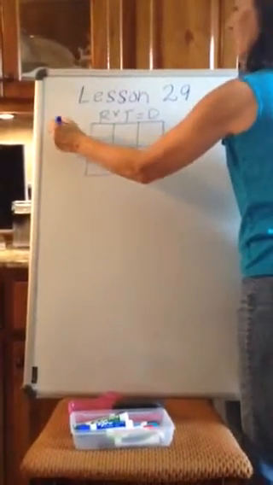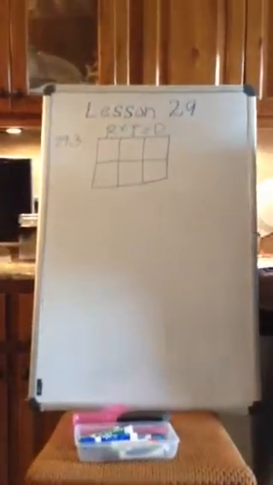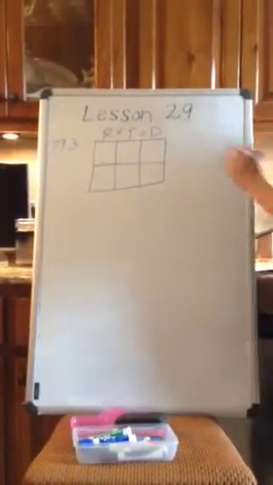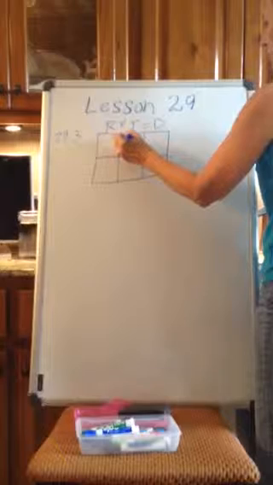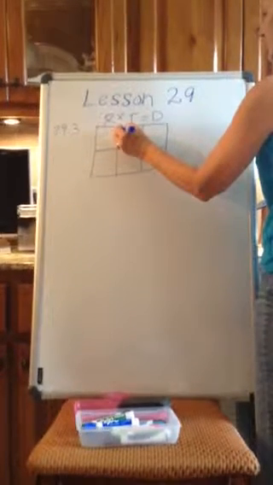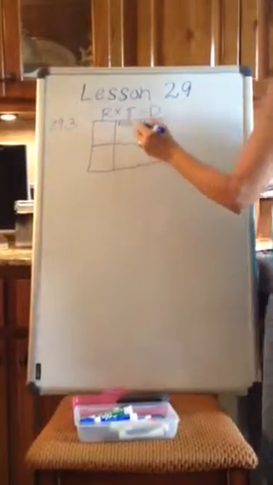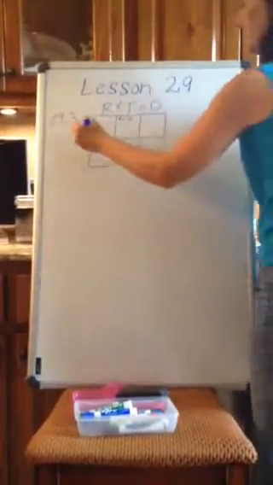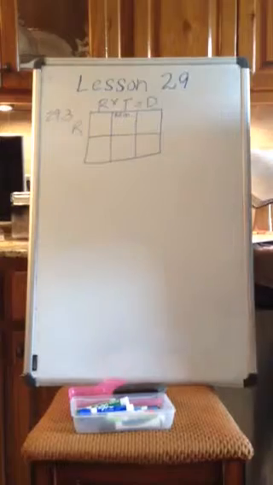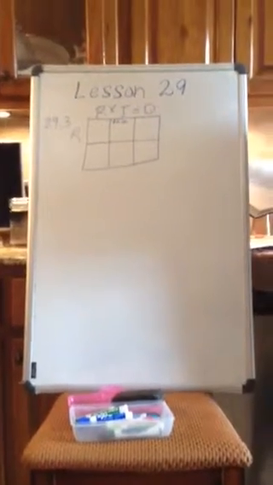This is 29.3. It reads, at noon, so at 12 o'clock, Rocket Man, so this is R, whizzed off toward Rocket Land.